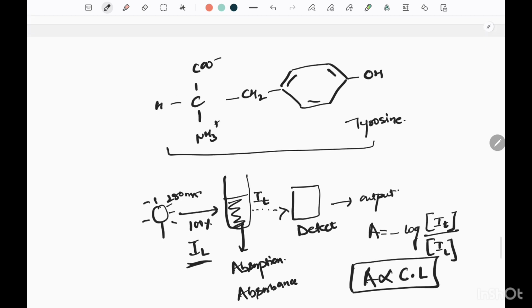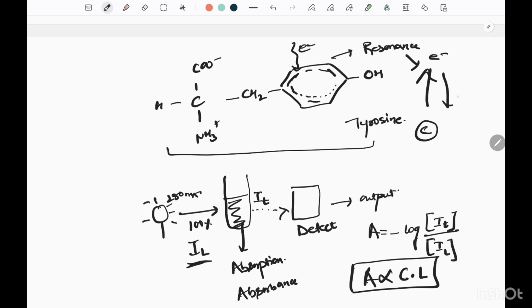But what is actually happening is that the incident light is getting here, so the electrons are in an excited state, a higher electronic state, due to which there is a formation of resonance here. When an electron jumps from a lower state to a higher state, and then comes from the higher state back to the lower state, it releases some energy.